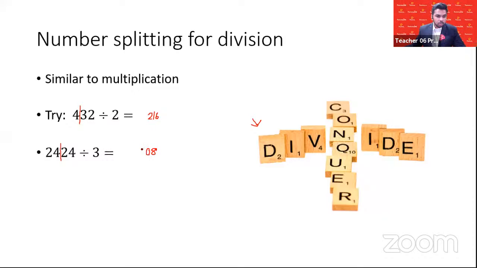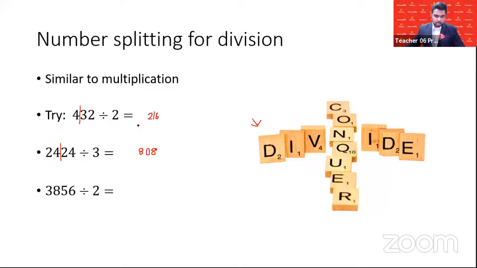So the final answer, with 24 divided by 3 in two parts, should be 808. You can also write 0 before this 8 in the largest place value, but that is not essential because a 0 in the largest place value has no significant value.